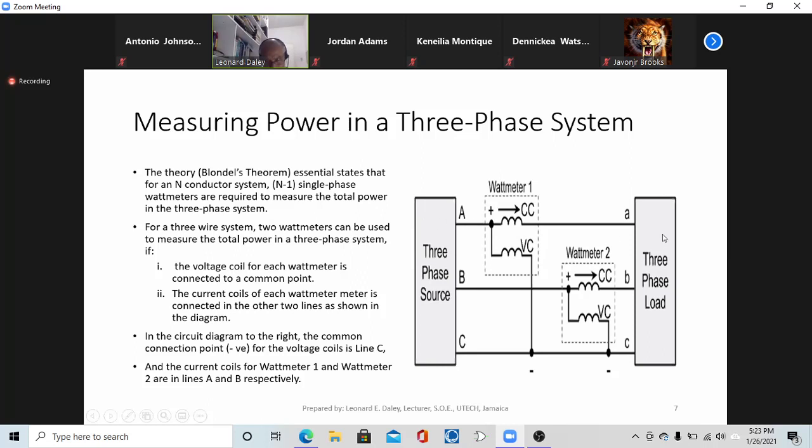So 3 lines, 3 conductors, we need 3 minus 1, 2 watt meters to measure the total power in a 3-phase system. All right. And how we connected, I told you already. He specified how the watt meters should be connected. The voltage coil for each watt meter must be connected to a common point. And then the current coils would be in the other 2 lines, right, as shown.